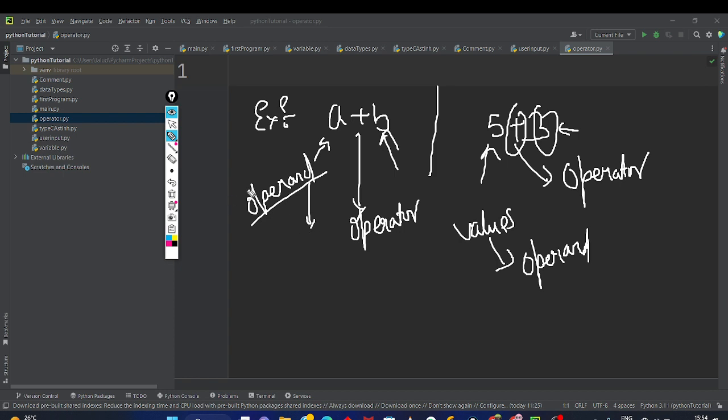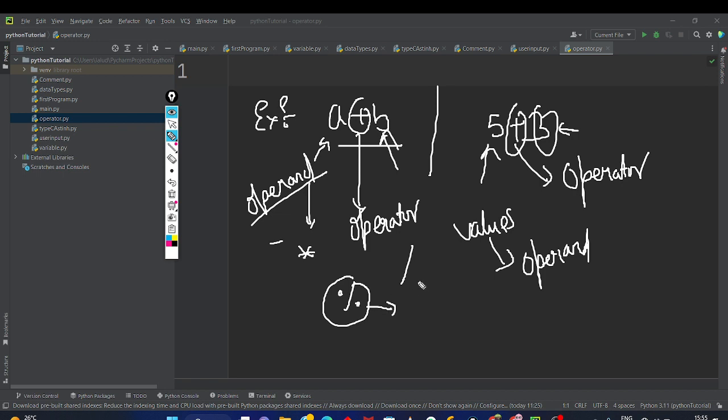So basically, operators are the symbols that are used to perform a specific operation on variables and values. This symbol is going to perform addition, this one subtraction, this one multiplication, this one is going to give us the remainder, and this one is going to perform division. We will talk about it, so you don't have to worry.